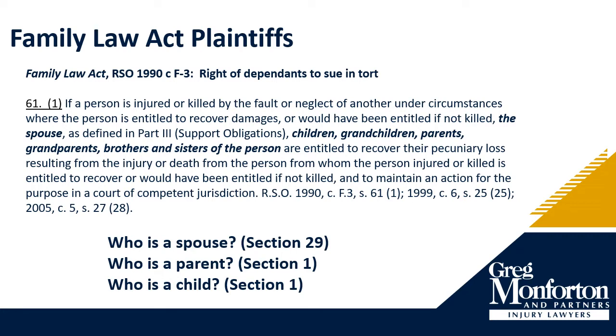These claims arise both when the injured party dies as a result of a collision, as well as when the injured party is injured as a result of the collision. And these claims are for the family members' damages for what we call loss of care, guidance, and companionship.